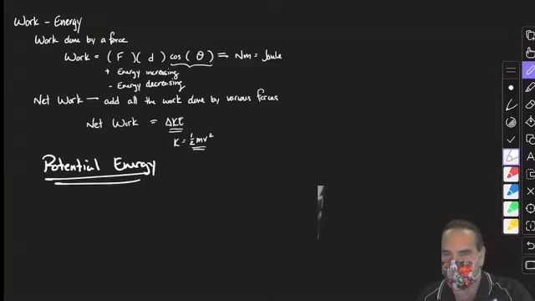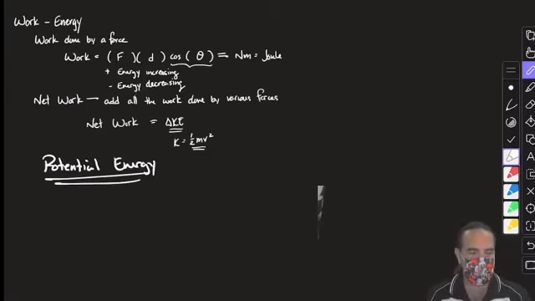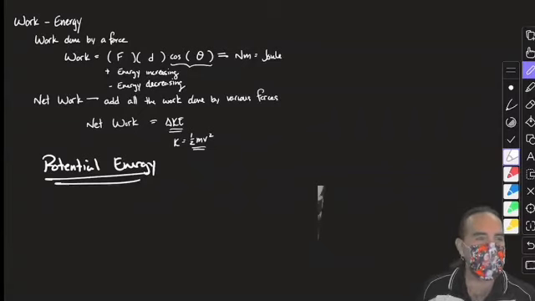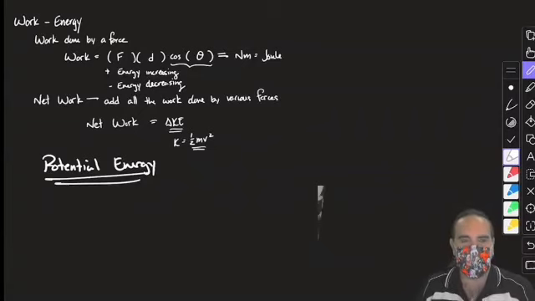There are lots of conservative forces out there. They don't have to be fundamental to be conservative. So there are lots. That means there are lots of different types of potential energies. Although we're only going to talk about 3 or 4, it's important to understand that there are lots of different ways that we can store energy.